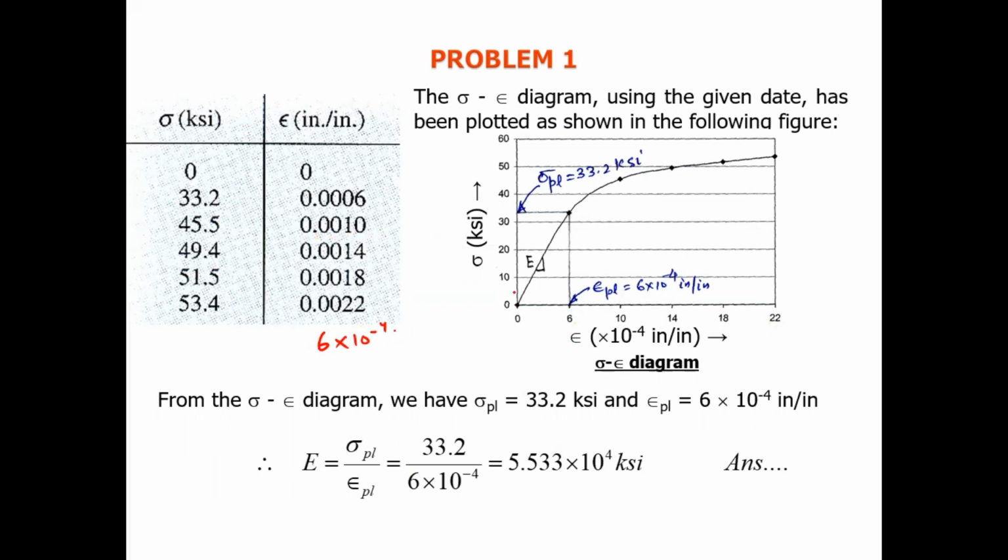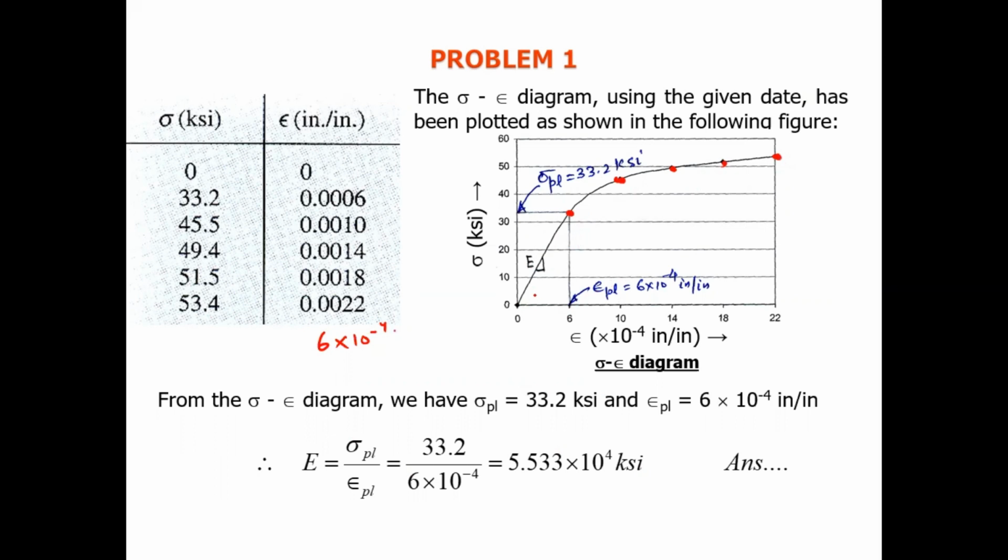At 6, the value is 33.2, the first point. Then at 10, the value is 45.5, somewhere here. Then it increases to 49.5, then 51.5, and then 53.4. So here they have the curve.